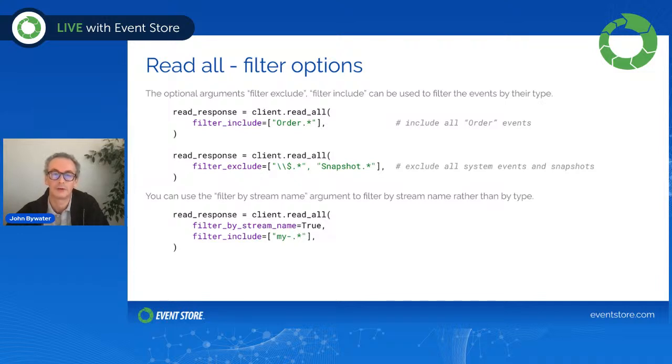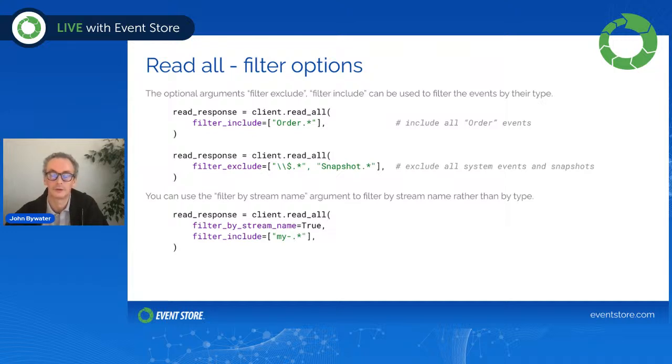Also, when we're reading events, there are filter options, which there aren't when you're reading a stream. The filter options implemented on the client are the filter include, filter exclude, and filter by stream name. These are patterns which compile into a single regular expression. The filter include is quite straightforward. It just puts all these things in as alternatives anchored at the beginning and end of the strings which are being matched.